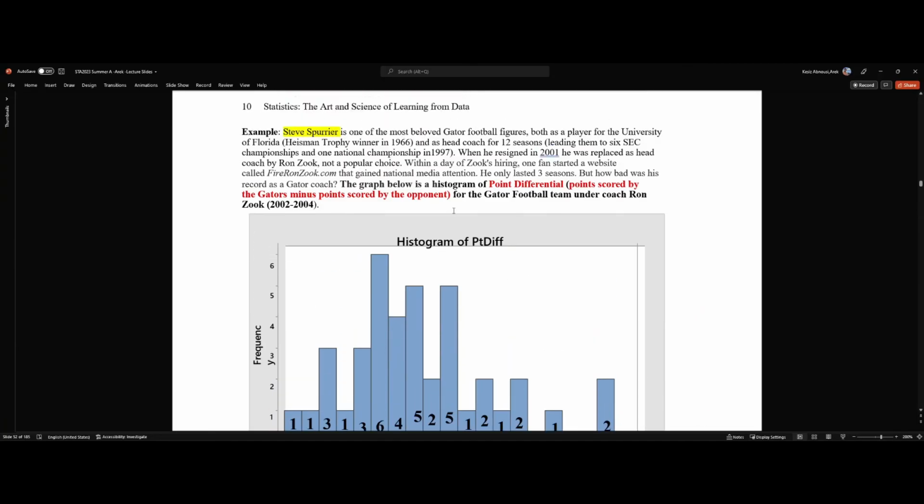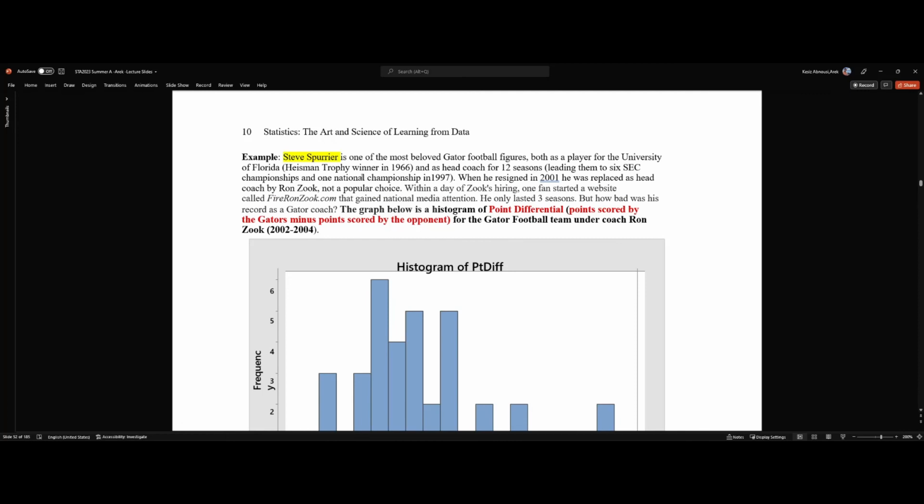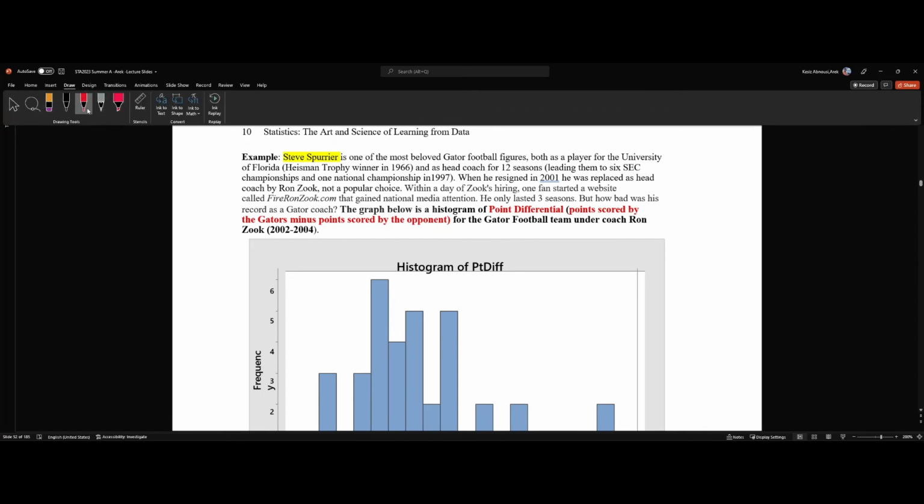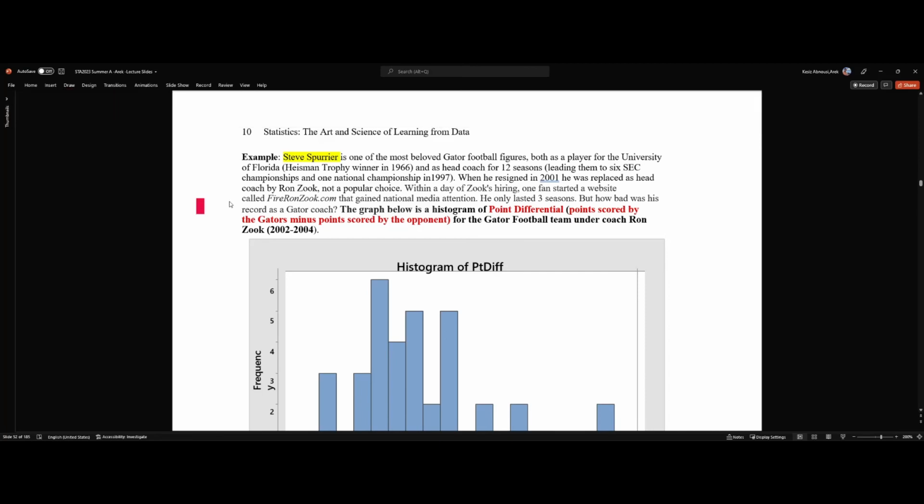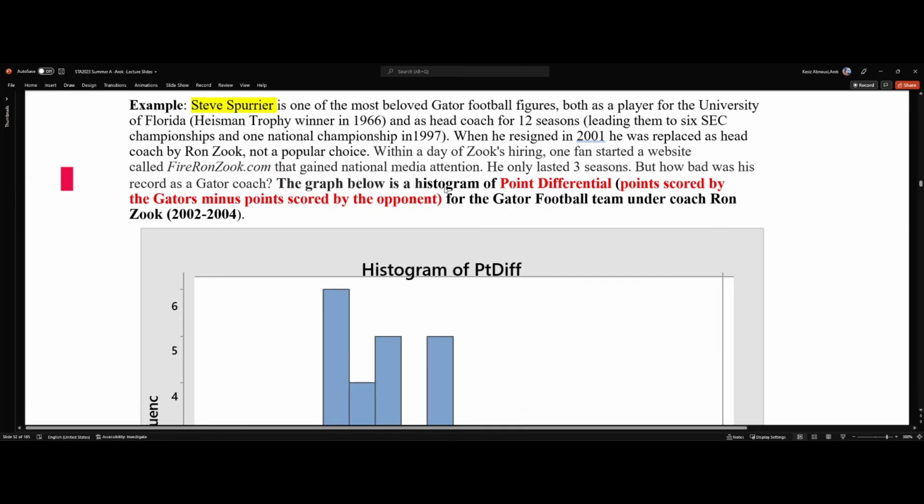So the key thing here is that the graph below is a histogram of point differential. What is point differential?